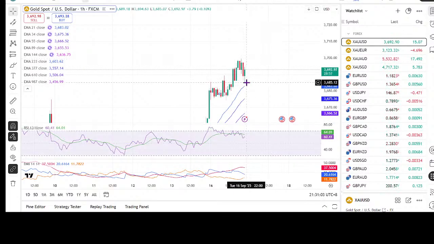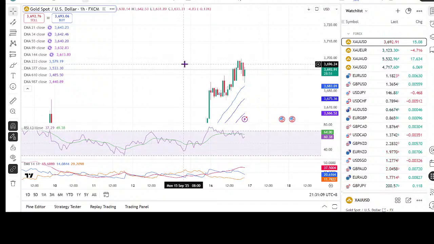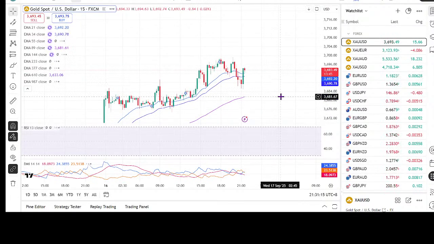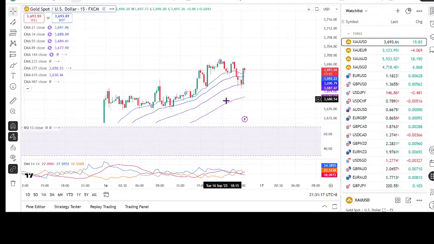So if this is the low, then this high has to break. Okay. So now let's see, because the signals here are a bit mixed.